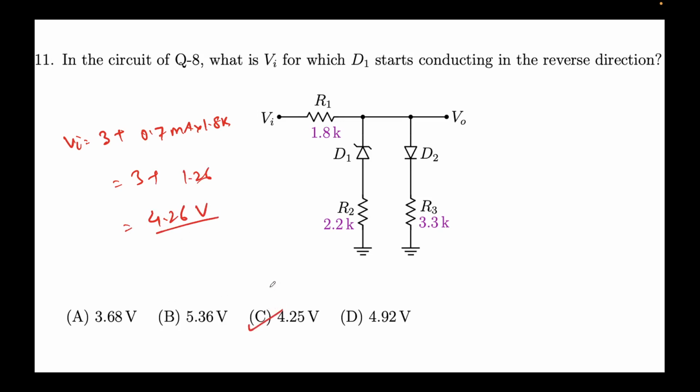Okay, yeah, so that is the answer that we had obtained. Just to quickly reiterate what we have done: we are required to find Vi when D1 starts conducting in the reverse direction.